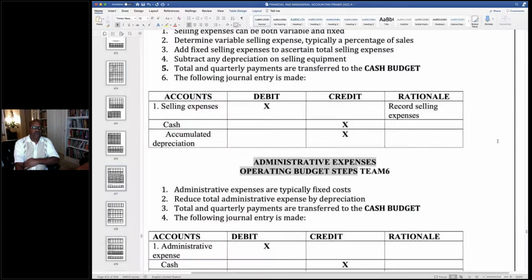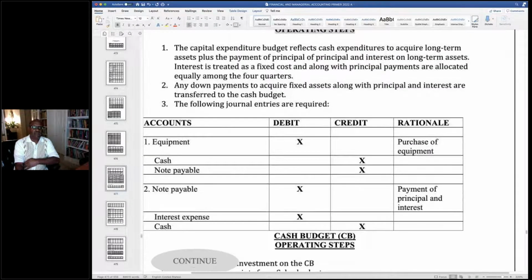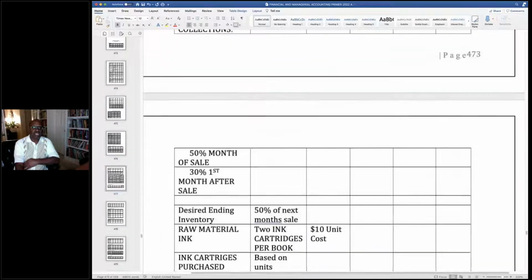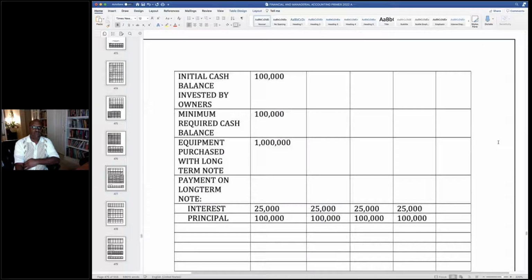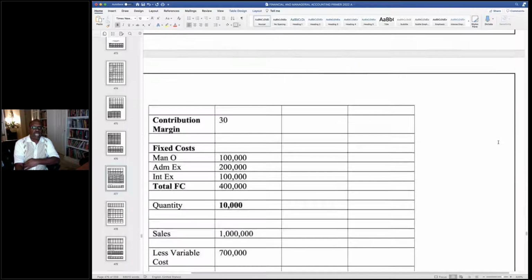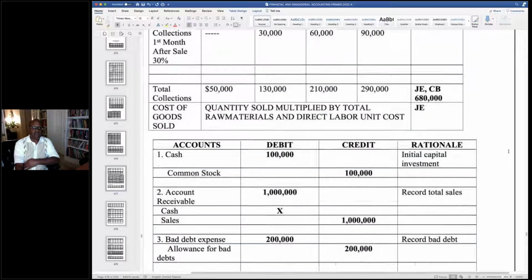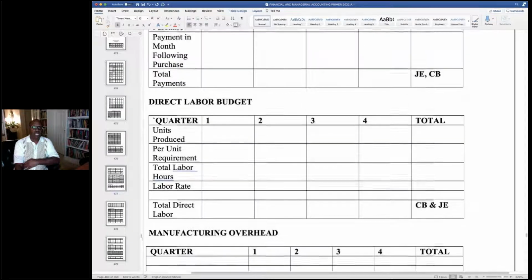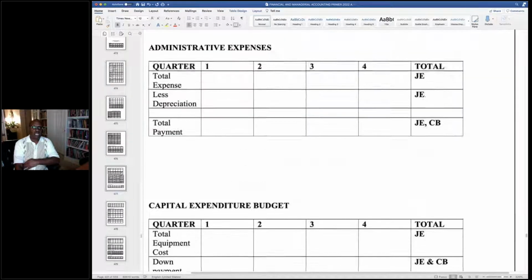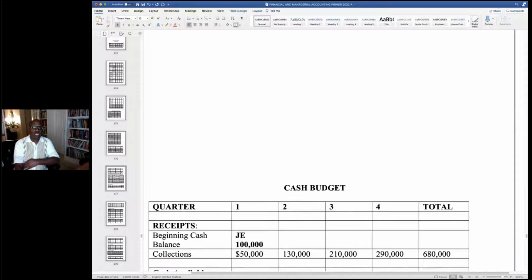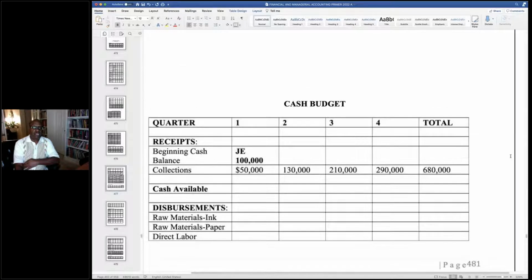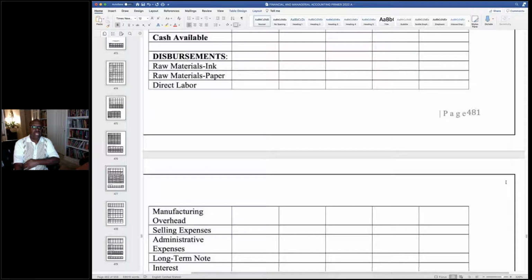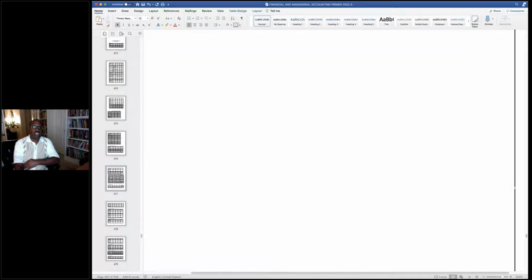So you're coming up with a journal entry, and your bottom line is a number that's going to come onto this cash budget, so that we will be able to determine whether we need to borrow money or not in our manufacturing company. So that's what we're doing.